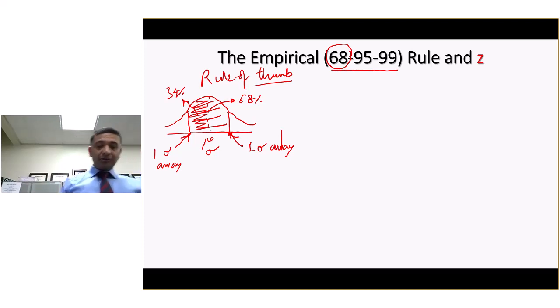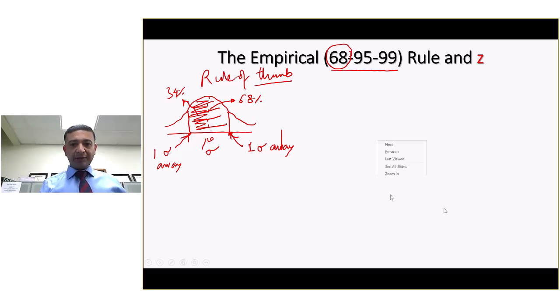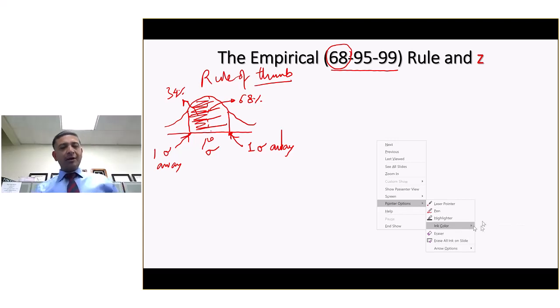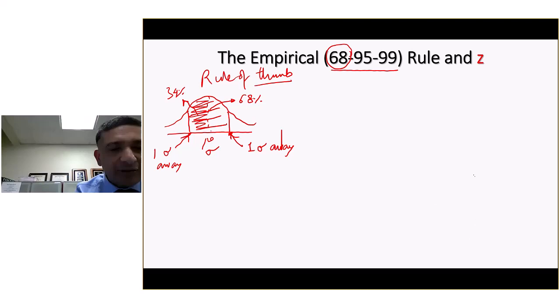That's the whole idea of the empirical rule. So let's put this into a numerical example, because otherwise it doesn't make too much sense. Let's imagine that I have data that is normally distributed with a mean of 10 and a sigma of 2.